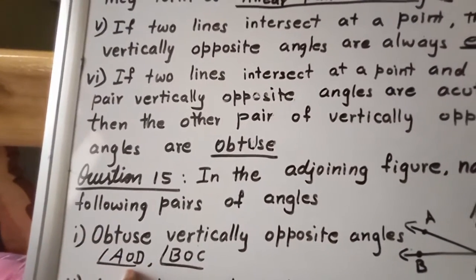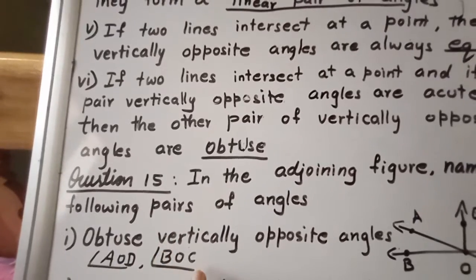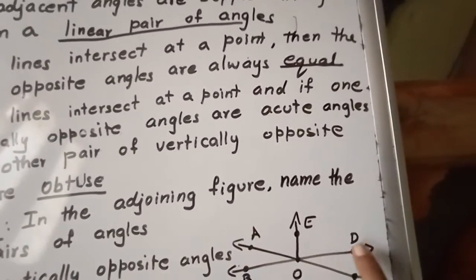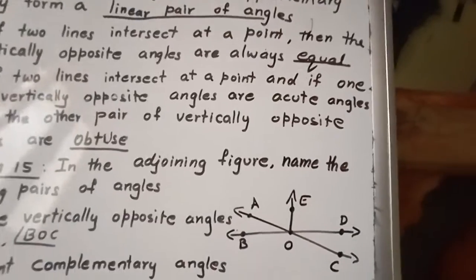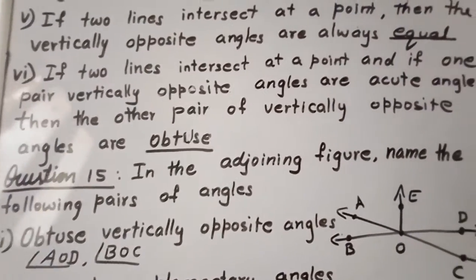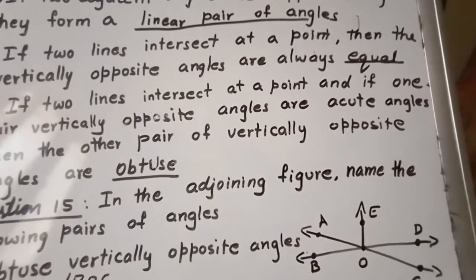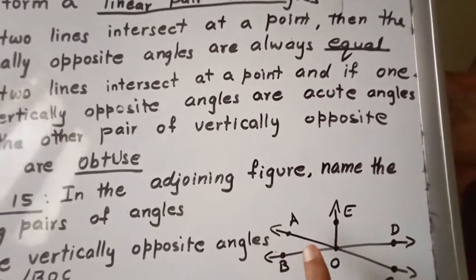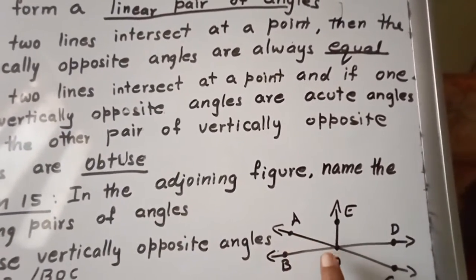If you put this symbol, it is angle BOC. So AOD, BOC. Next, adjacent complementary angle. Adjacent means there should be a common vertex and a common arm.